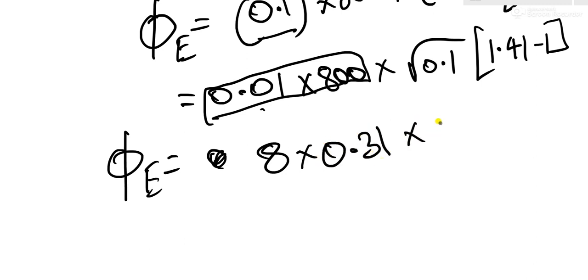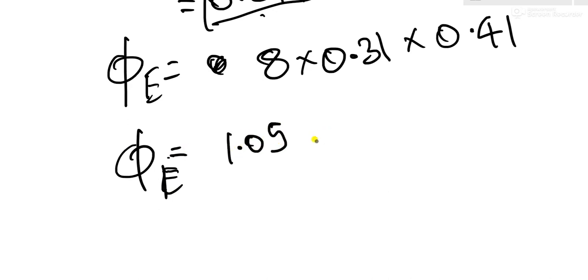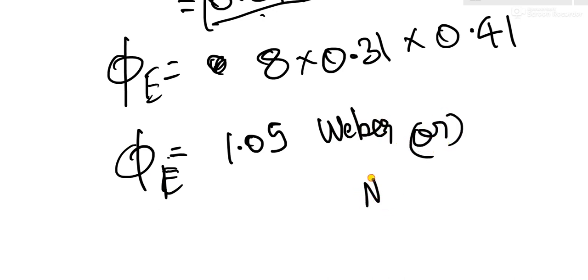Okay, into this subtraction we get 0.41. Okay, totally we'll get the answer: total flux is approximately 1.05. The unit of flux is Weber, or we can take it as Newton per coulomb into meter square. Anything you can write.